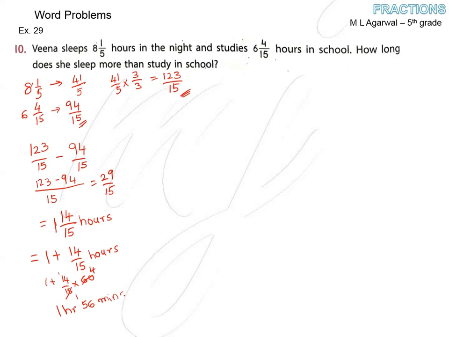This I have tried to simplify it further. You can even write this as an answer, or you can simplify this further as 1 hour 56 minutes. Clear how to go about this? Okay, let's go to the next sum. I hope you have understood how to go about this.